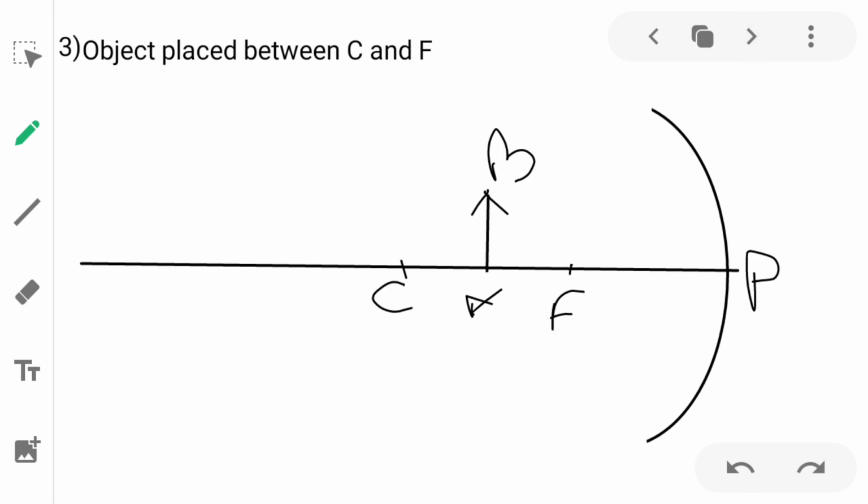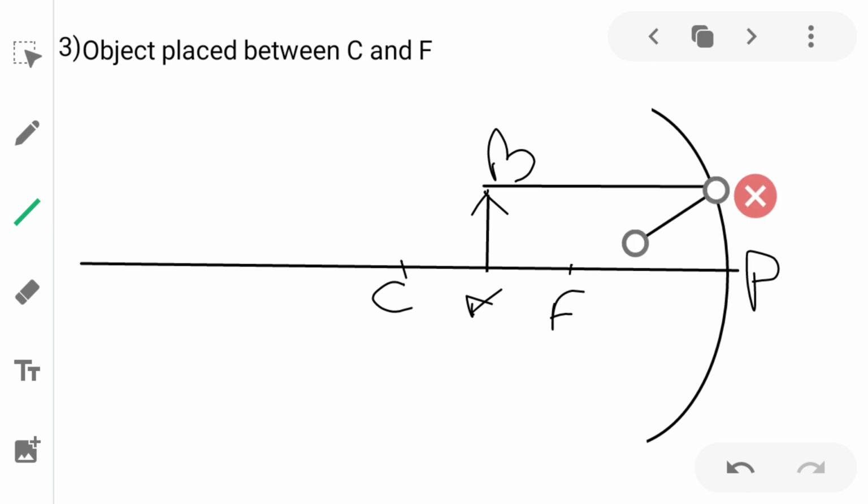Next we shall see the image formation by the concave mirror when the object is placed between C and F. For that, the first ray I can draw is parallel to the principal axis.